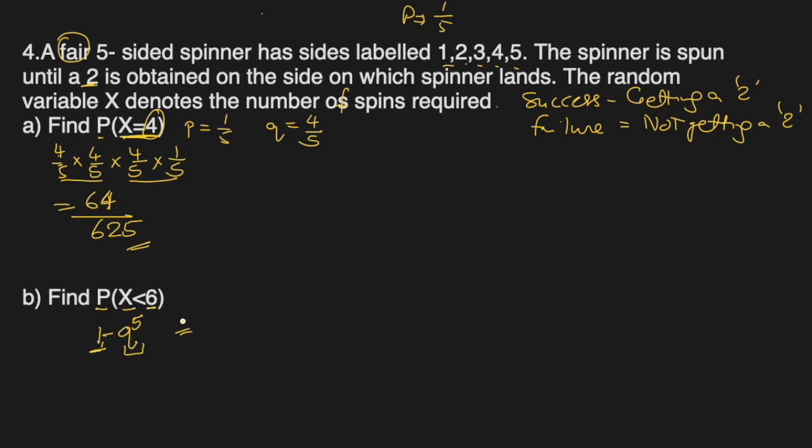So this is how we interpret this one, which will be 1 minus failure is 4/5, right? 4/5 to the power 5, which is 1 minus 4 to the power 5 will be 1024 over 5 to the power 5, 3125, which will be how much?